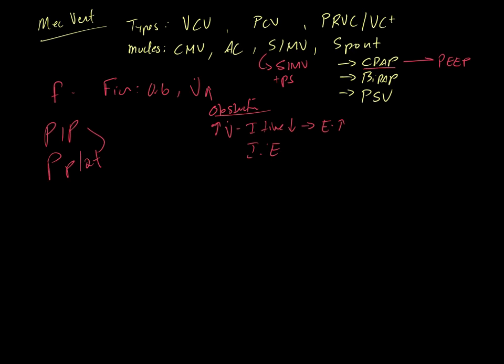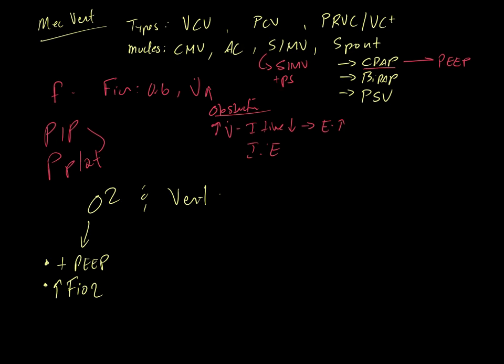Okay. So there are major things when it comes to ventilatory management. The major things that we look at are correcting oxygenation problems and ventilation problems, right? So if someone's not oxygenating well, what are some things we can do to improve oxygenation? Good, add PEEP. PEEP is one of the major ways that we can do that. Or we can increase the FiO2.